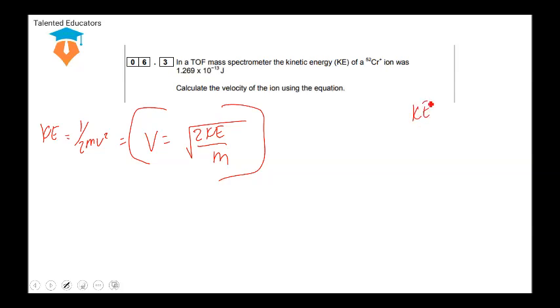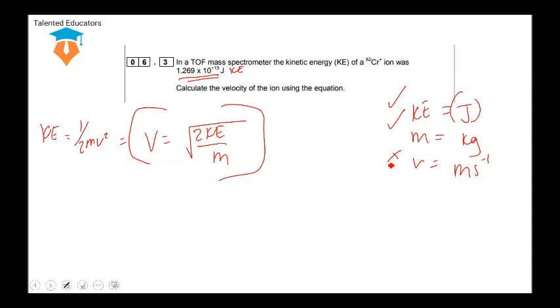So let's look at the units of everything. Kinetic energy is in joules, mass is in kilojoules, and velocity. So that's the velocity of the particles, the mass of the particles, and the energy. We know they've given us kinetic energy. Is it in the right units? Yes, it is. We've already got our mass, so we've got kinetic energy, we've got mass. We don't have velocity, so we're going to rearrange it.